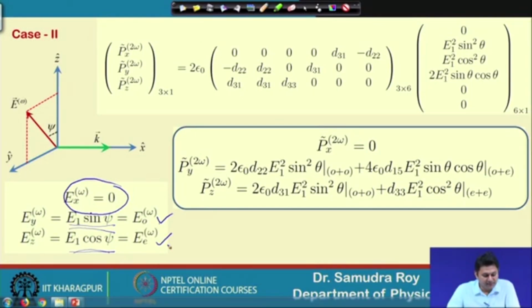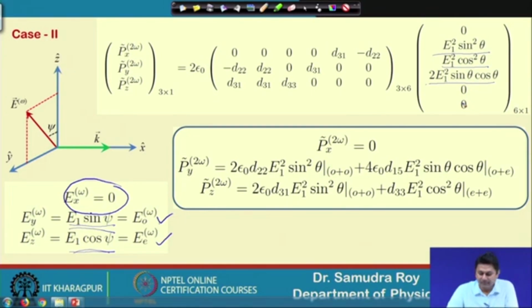So, once we have the E x, E y, E z, the next thing is to find out my polarization. Now, you can see that there are many non-zero terms sitting here. So, E x was 0, E y was not 0, E z was not 0, 2 of E x E y, 2 of E y E z is not 0, but other 2 terms are 0, because in both the cases it is involved with E x term.